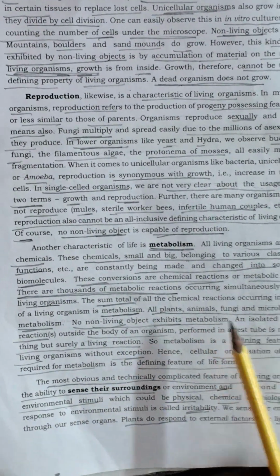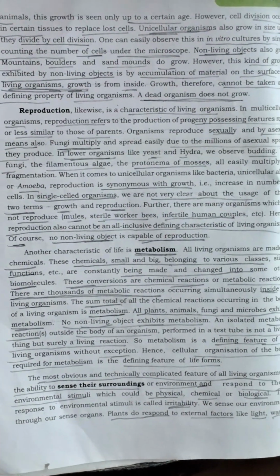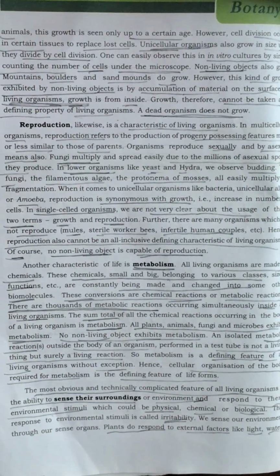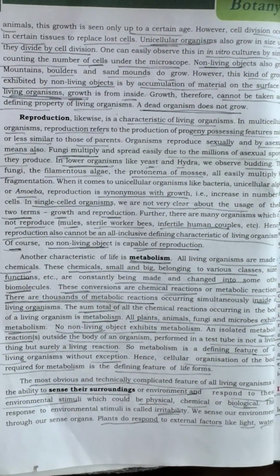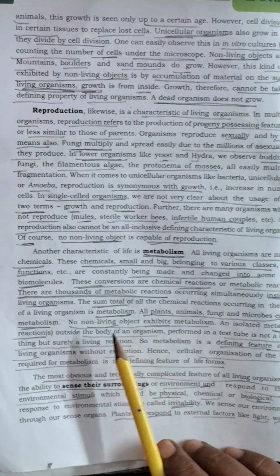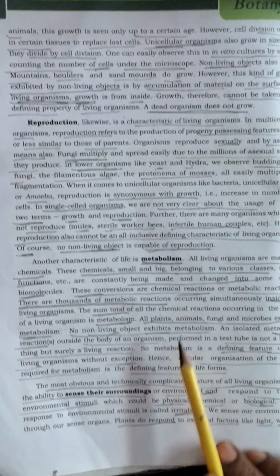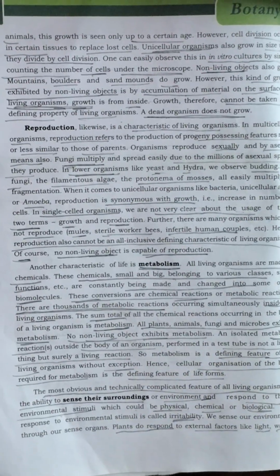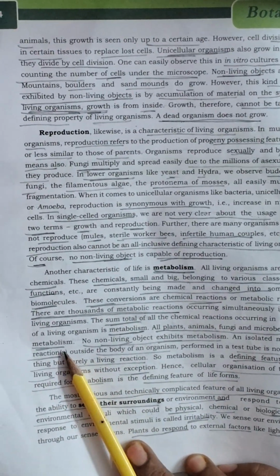These conversions are chemical reactions, which we call metabolic reactions. There are thousands of metabolic reactions happening inside all living organisms. The sum total of the chemical reactions occurring in the body of a living organism is what we call metabolism. All plants, animals, fungi and microbes undergo the metabolism process.